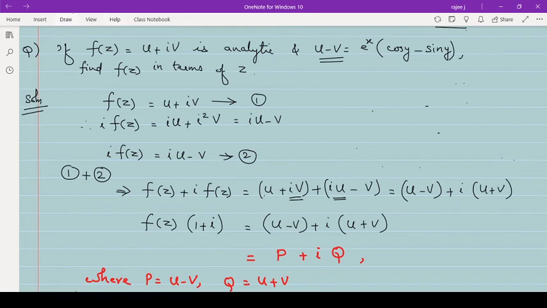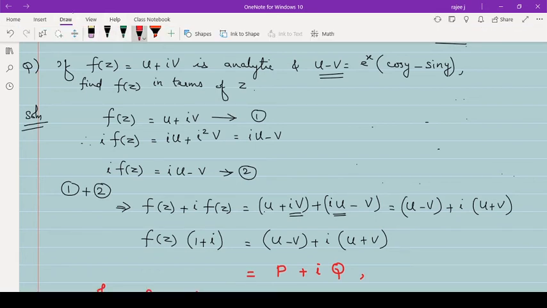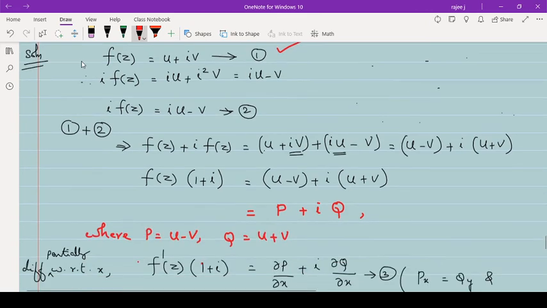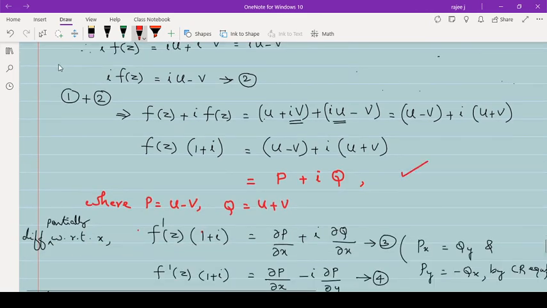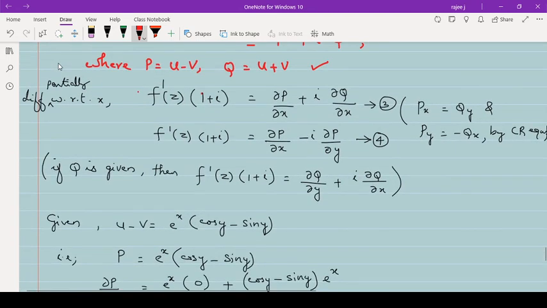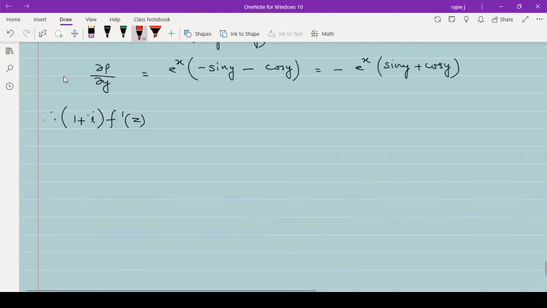I will highlight that with some other ink. When you have this question, write this step, this, and then obviously these two will be there. Depending on the question, if p is given you will write that, and if q is given you will write that. So this is 3 and this is 4. If p is given you will write this one, if q is given you will write this one.